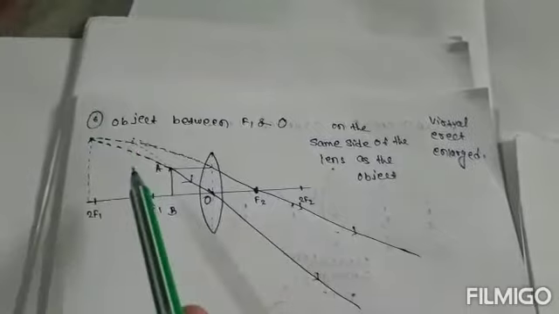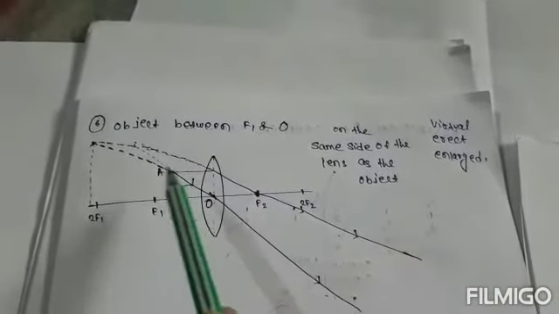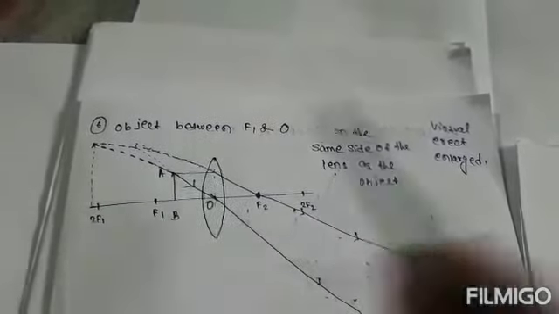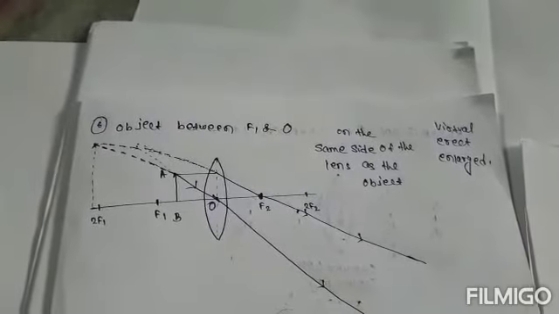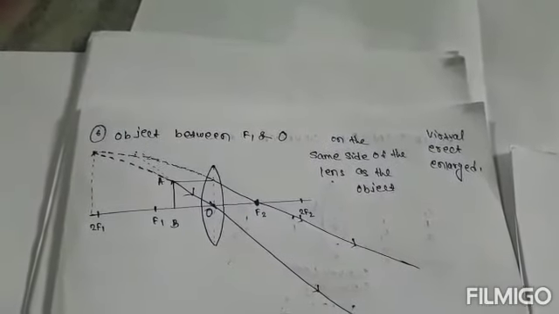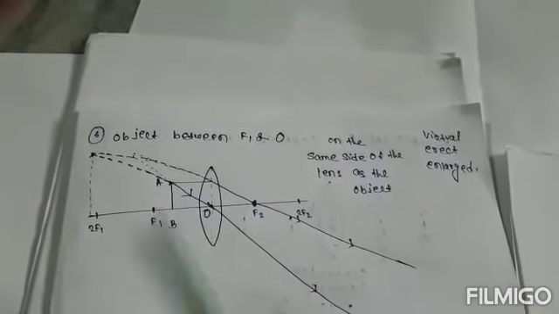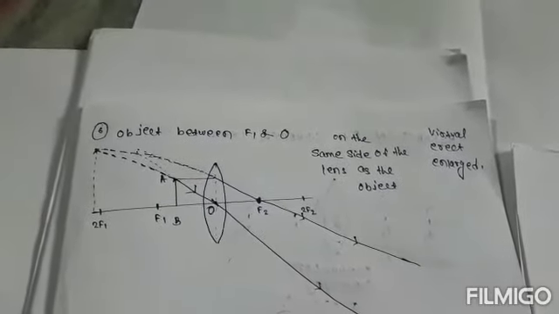Here the image is virtual because it is formed due to imaginary meeting of refracted rays. But when real meeting of refracted rays occurs, a real image is formed. But this image is virtual, and when the image is virtual, it is always erect.